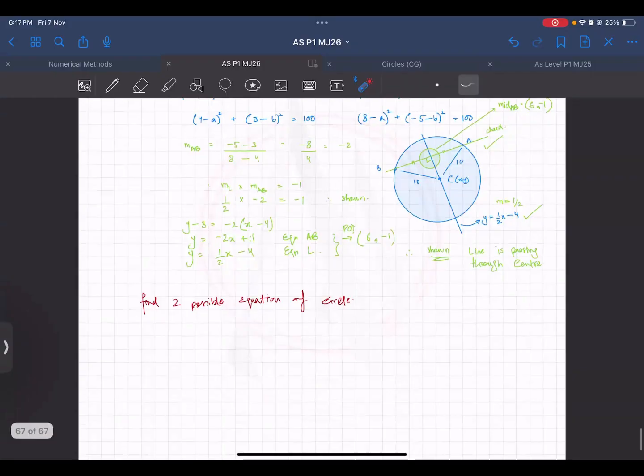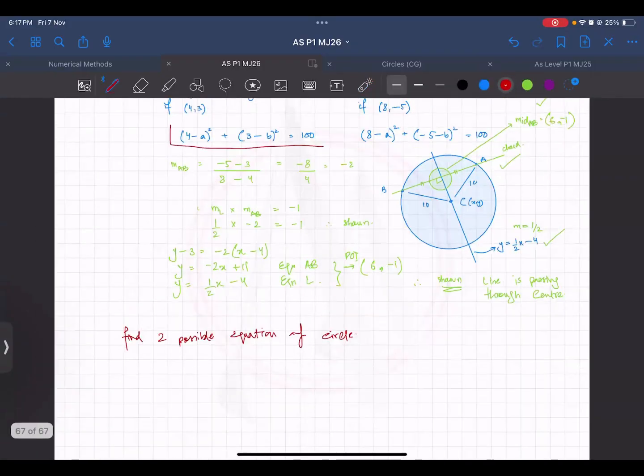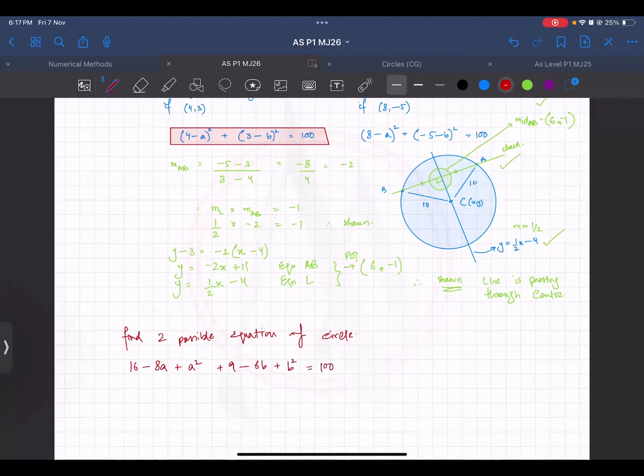Okay, let's try this. 4 square. I'm expanding the first equation, this equation. 16 minus 8a plus a square plus 9 minus 6b plus b square is equal to 100.